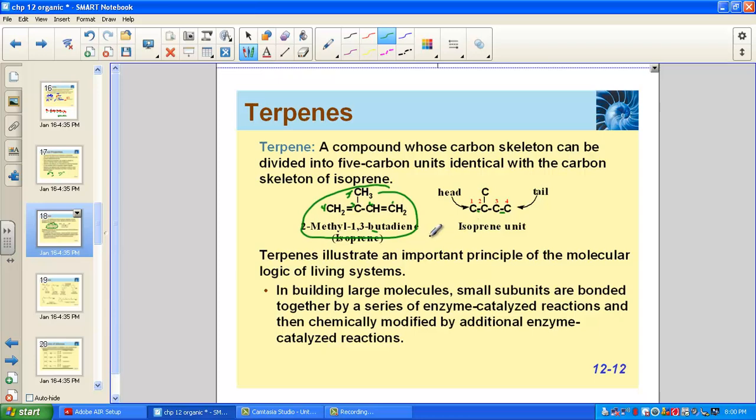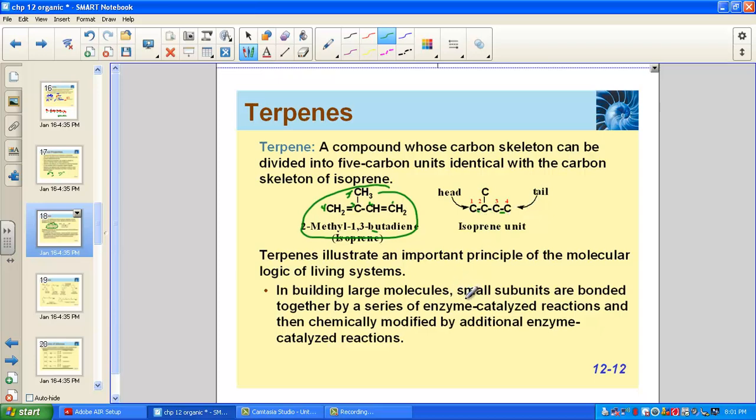So the IUPAC name for this compound, with the common name isoprene, is 2-methyl-1,3-butadiene. The carbon that is closest to the substituent group, known as carbon 1, is given the name head of the molecule. The terminal carbon, which is the end of the 4th branch, is called the tail of this carbon chain.